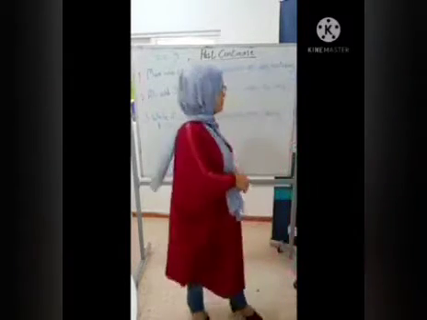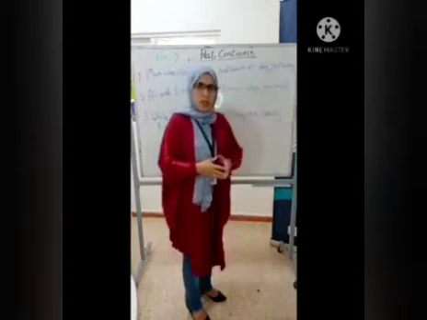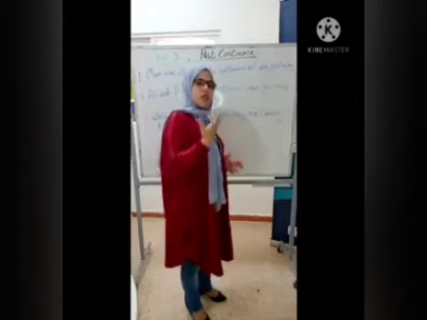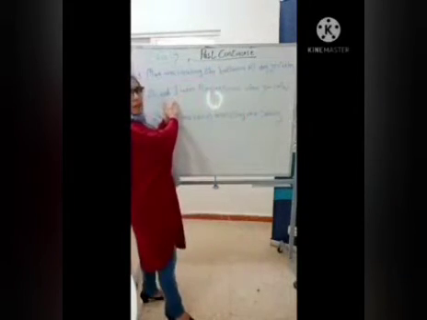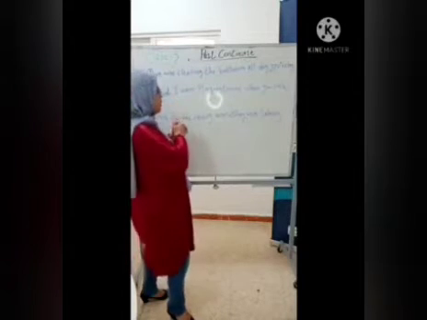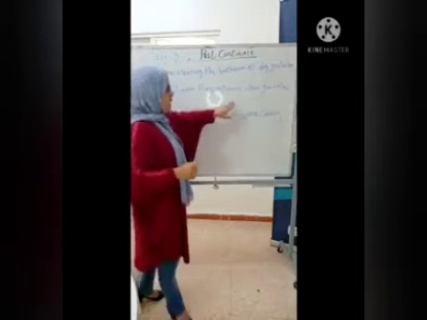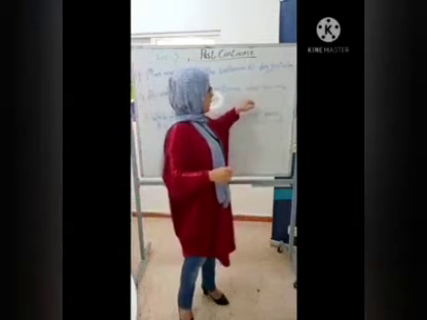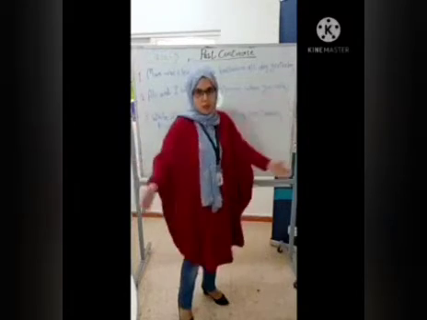But what happened? You called. This is the second action or event that interrupted the main action. Here we use past continuous, and as you see, when you called is simple past.